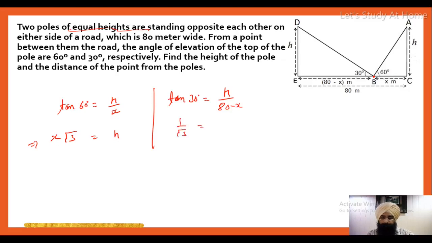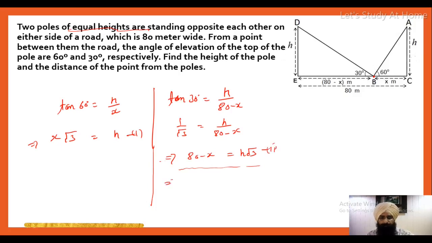That equals h over 80 minus x. So 80 minus x is equal to h into under root 3, because under root 3 multiplies this side. Now I am going to put the value of h here. This is equation 1. You will write here, put the value of h in 2, taken from 1.